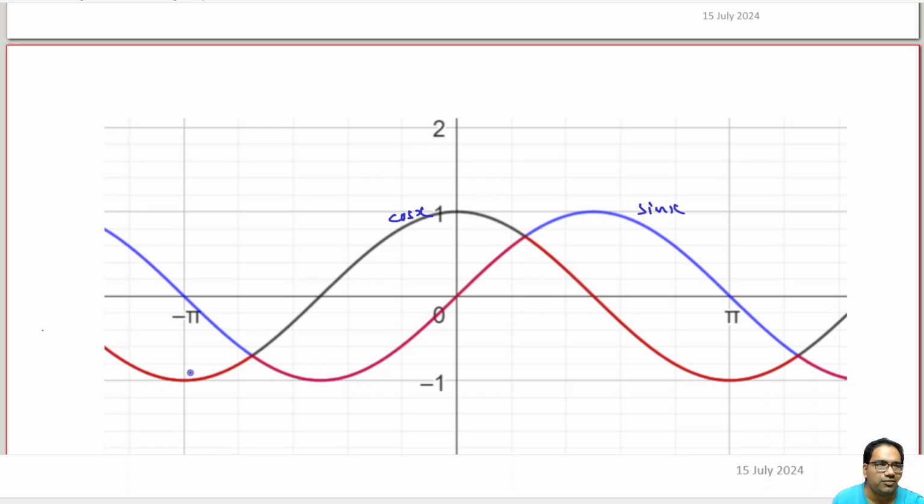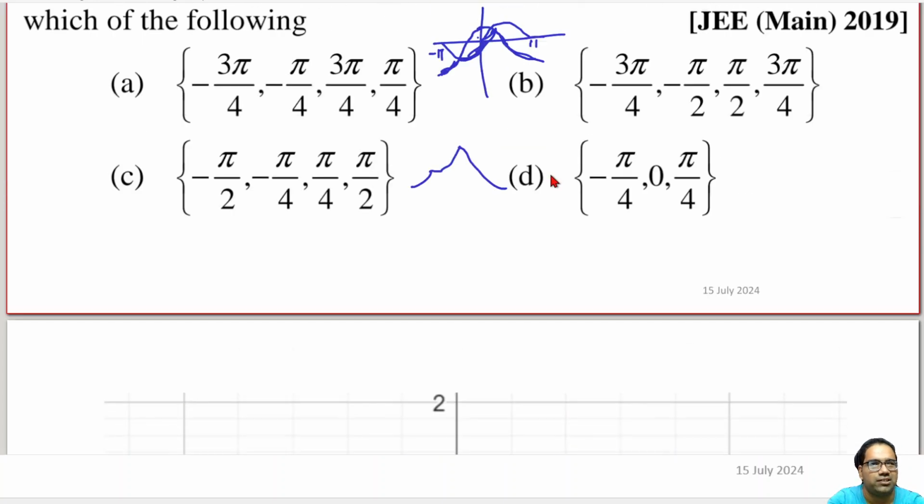At minus pi, we are talking about the minimum of both of these, this part and then again till pi, then this part.